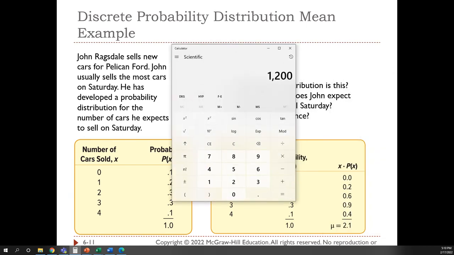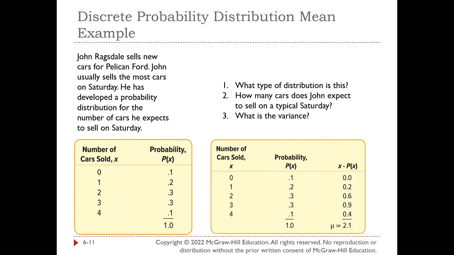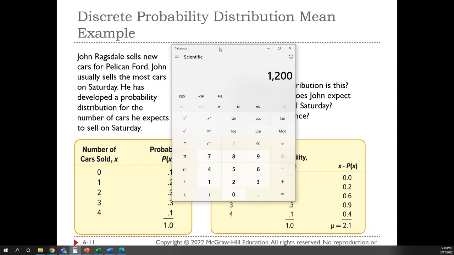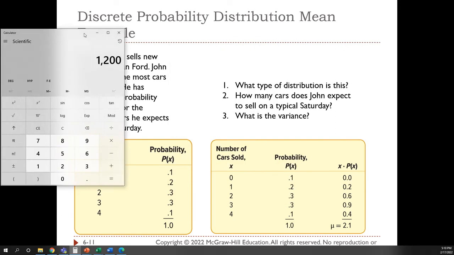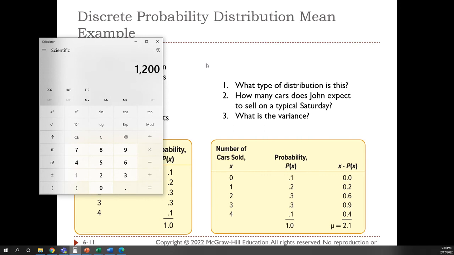So again, this is what they really did. Alright, so 0.2 plus 0.6 plus 0.9 plus 0.4. So that's where we got our 2.1.